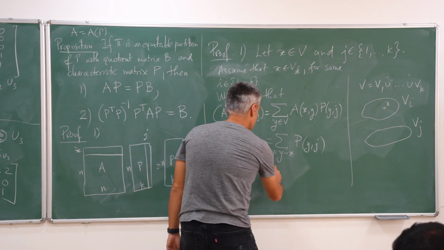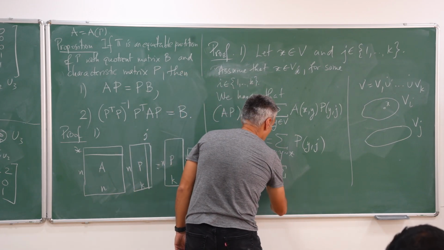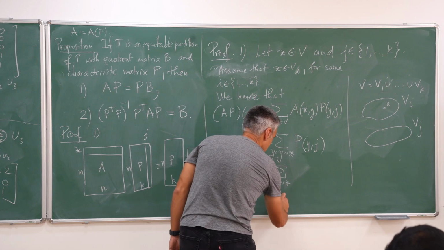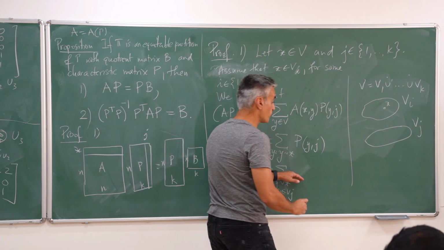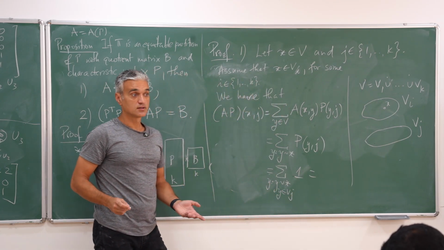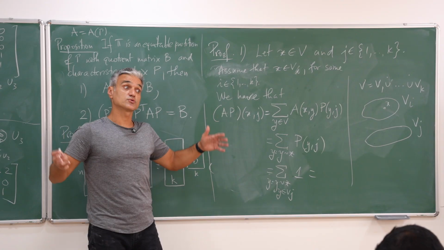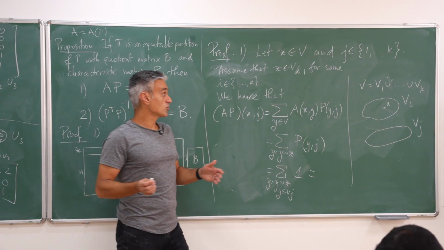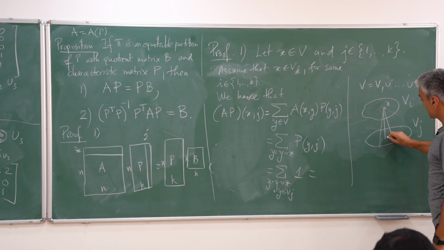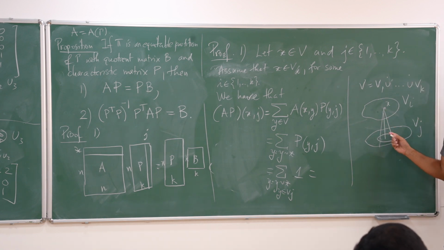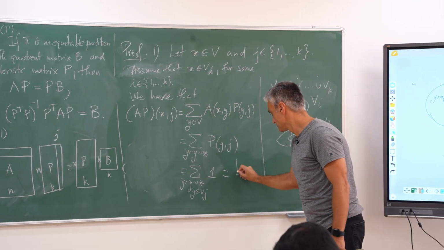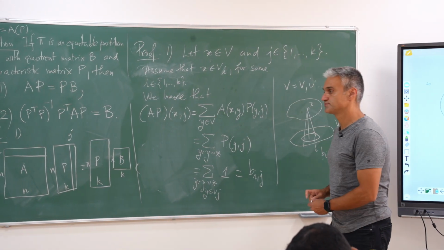So this is the sum over all y adjacent to x, and y in Vj, of what number? 1. So do I know this number? The partition is equitable with quotient matrix Bij. So I'm counting for x, for each neighbor that it has in here, I'm counting 1, so Bij. Very good.